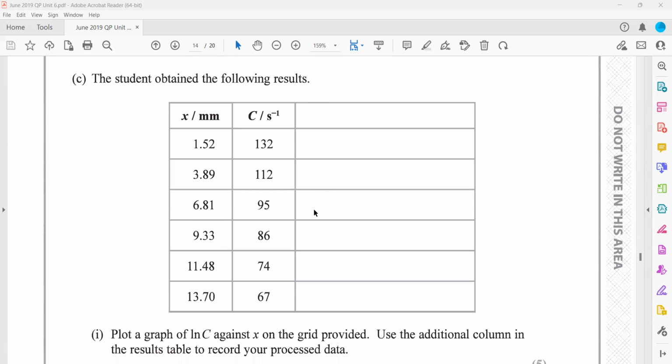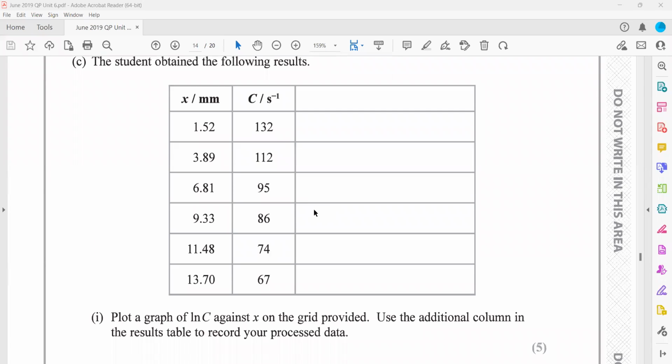The student obtained the values for x and C. Plot a graph between Ln C and x. Use an additional column, so here you will find Ln C. Just substitute, like take Ln 132, then Ln 112, Ln 95.